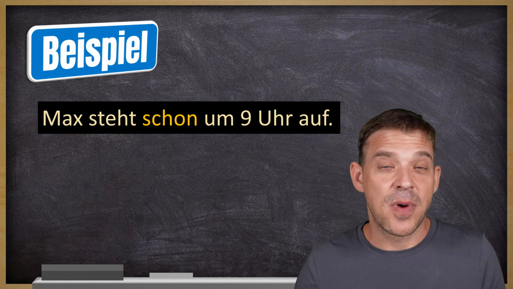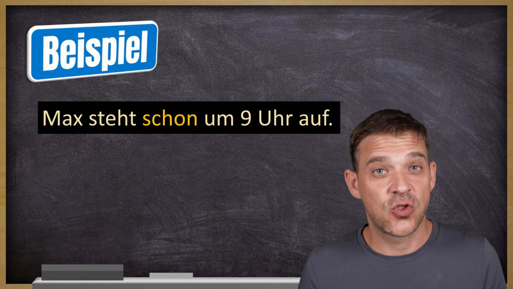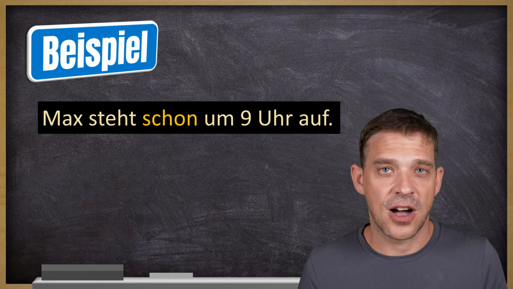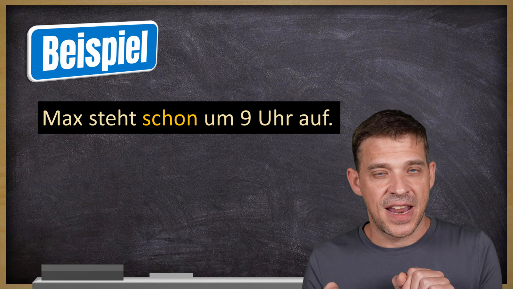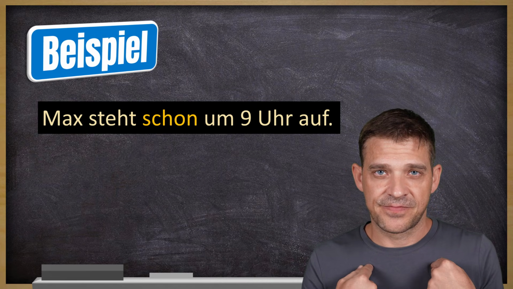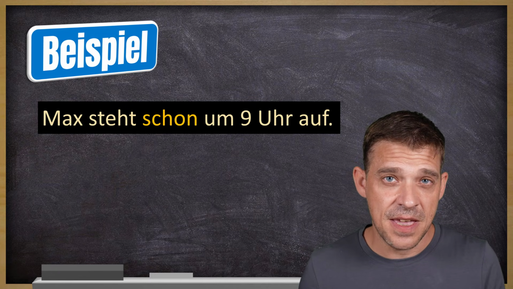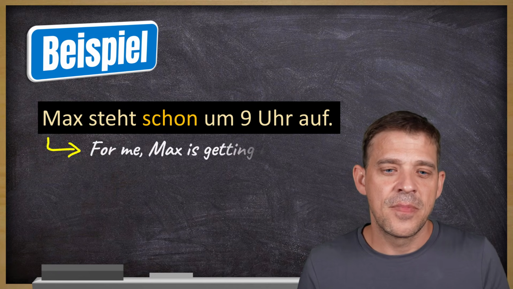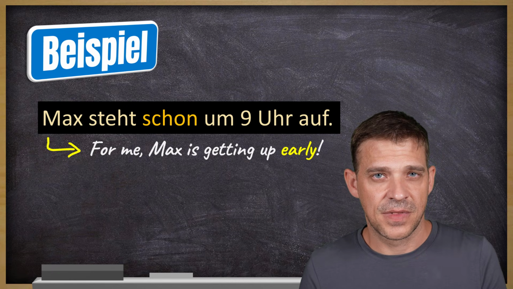For example, Max steht schon 9 Uhr auf. Now, Max is getting up already at 9 a.m. I am saying this, so this is my perspective. For me, 9 a.m. is early. So for me, Max is getting up early.